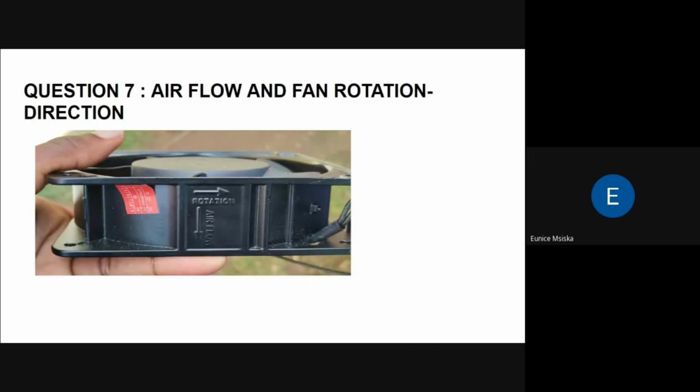As we can see in the graphics, there is a picture that has an arrow pointing in the rotation and where the airflow is supposed to go. So make sure before you replace it, you take note of these arrows and don't just replace it anyhow. The fan guard can then be replaced after you have properly installed the fan back in its place.